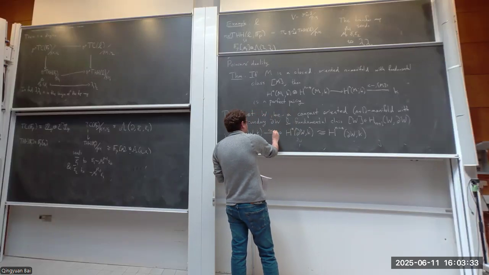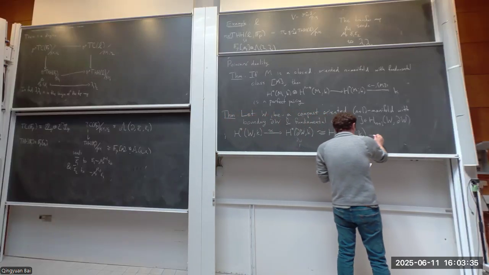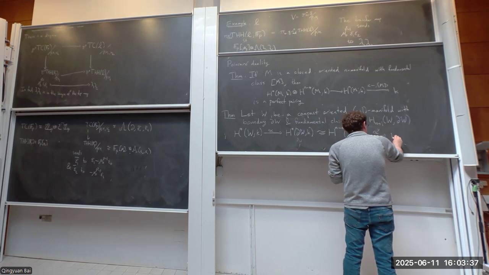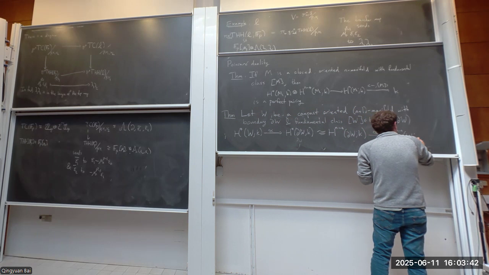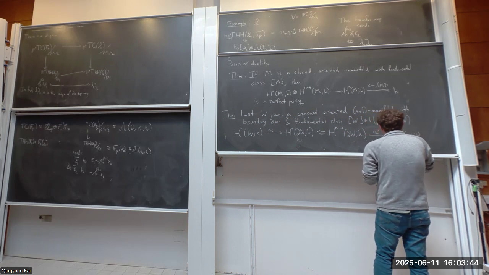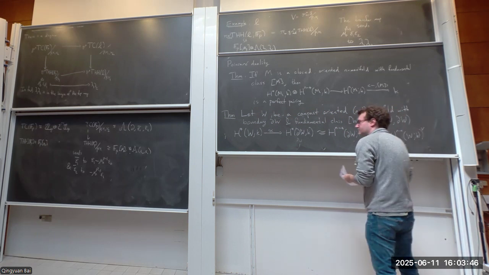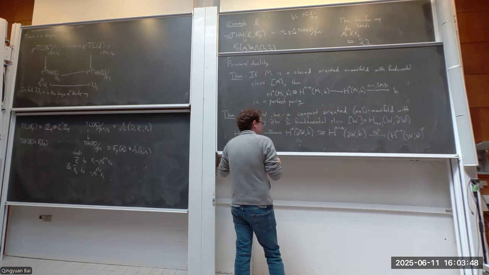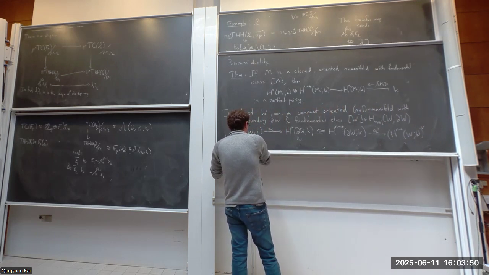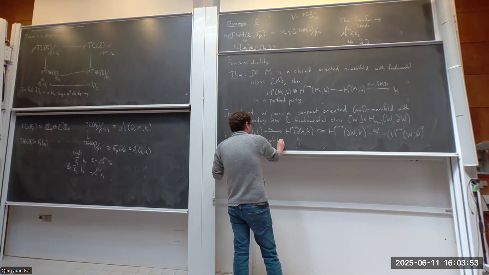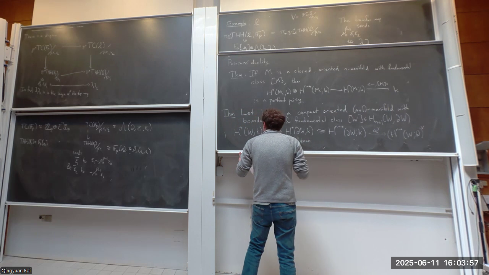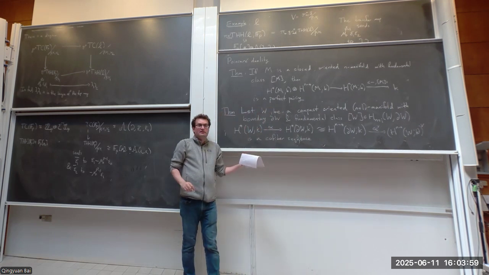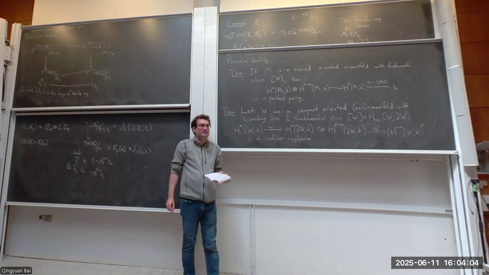And if I call this my alpha, the right boundary is 0 of alpha. And the claim is that this is, so this is this Lagrangian property that was highlighted a little bit in the first lecture.